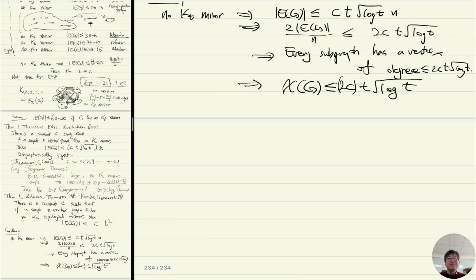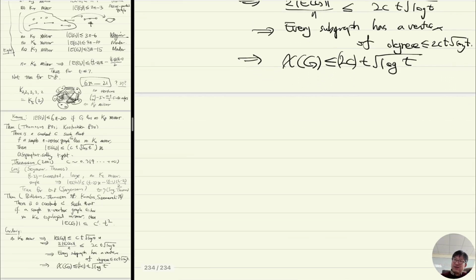How far can we improve this? So this is Hadwiger's conjecture, which in 1943 states the following.